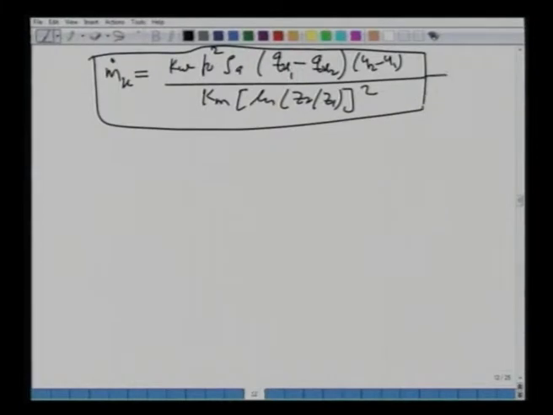This is your final equation, and we will number it as 3.5.15. So, this is the final expression for m v dot, the vapor flux, which is moving upwards and which is taken away due to the wind velocity.